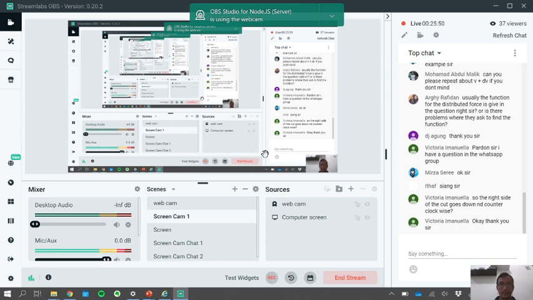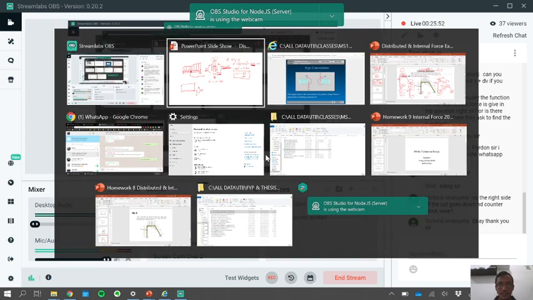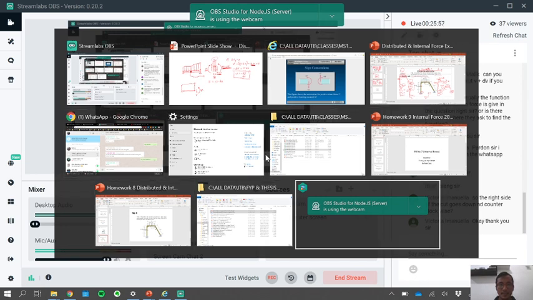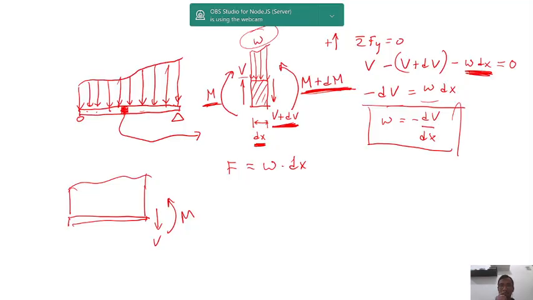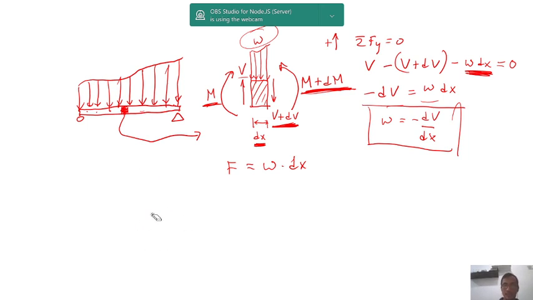Okay, then we will continue with the next one. The next one will be the relation between moment and shear force. We can find it by, wait, let me wipe this one.